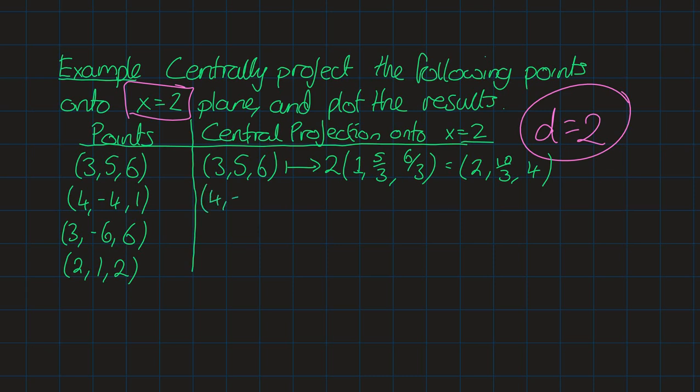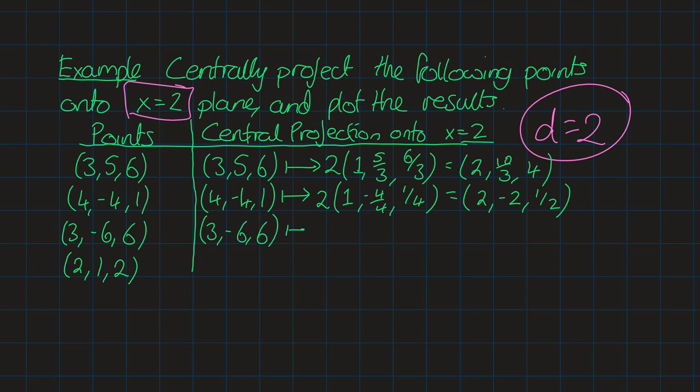So 4, minus 4, 1. d is 2. I have 1, minus 4 divided by 4, 1 divided by 4, which is 2, minus 2, a half. This next one, 3, minus 6, 6.